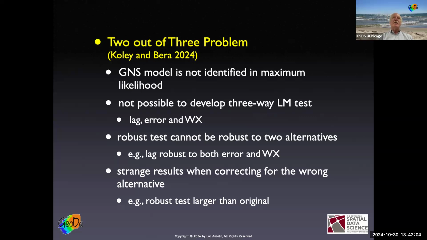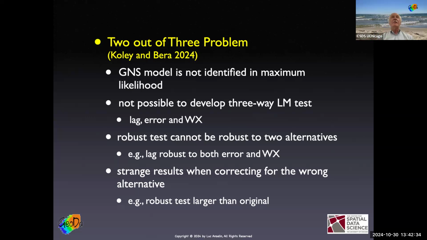The problem is that the original robust tests corrected for the presence of the other alternative. So in the context of lag and error, it was always just error or just lag. When you go into the spatial Durbin world, everything changes because it's now lag and SLX, or SLX and lag.